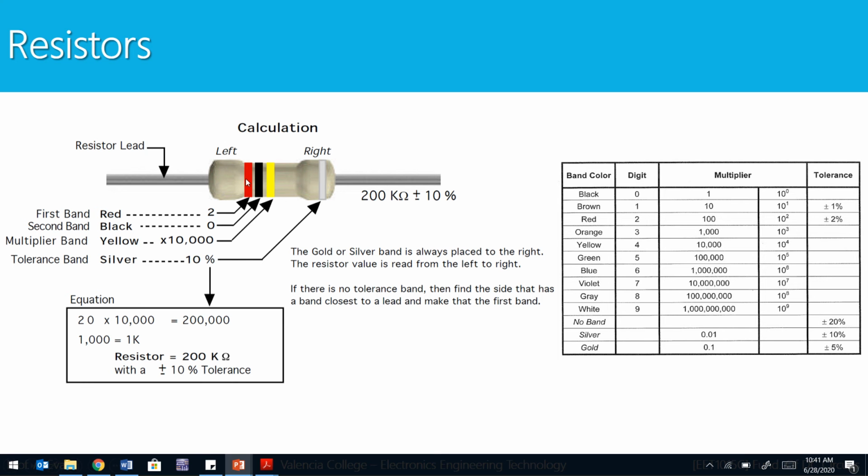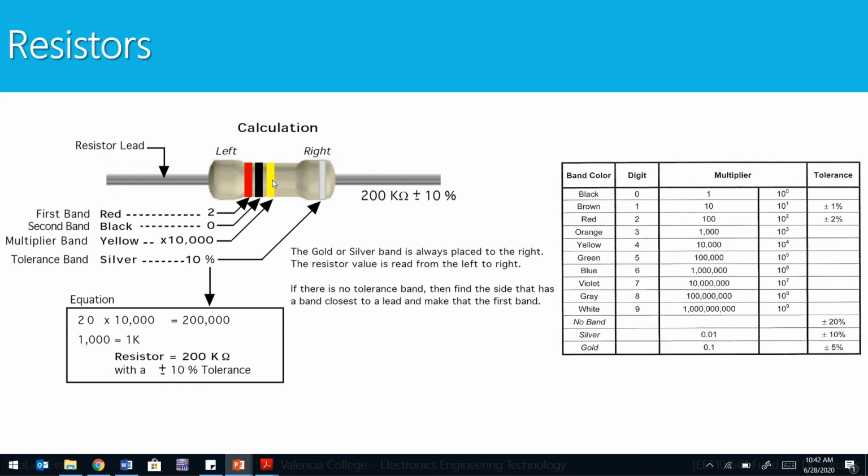If you look at the color red, you're going to use this table over here to figure out what digit the color red represents. The color red represents the digit 2. The second band is also a digit, and it represents your second digit in the number. The color is black, so you go to the table and say, well, black is a digit of 0. So the value of this resistor is going to be 20.